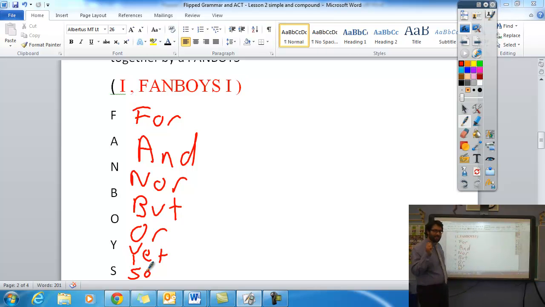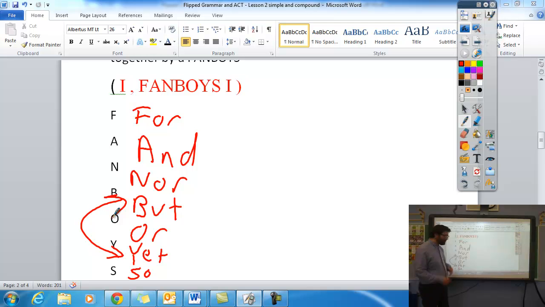To make a compound sentence, we join one independent clause with another independent clause in the same sentence with a comma and one of these fanboys. Real quickly, and, but, or, so, we know how to use those already. In this situation, yet and but mean the same thing.